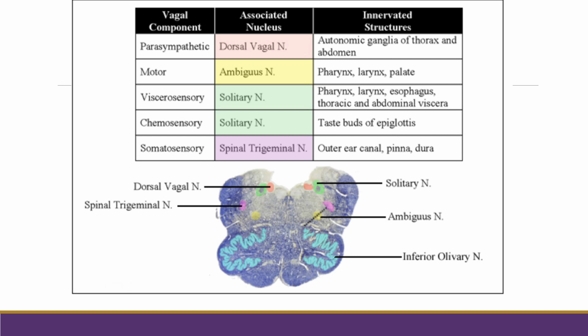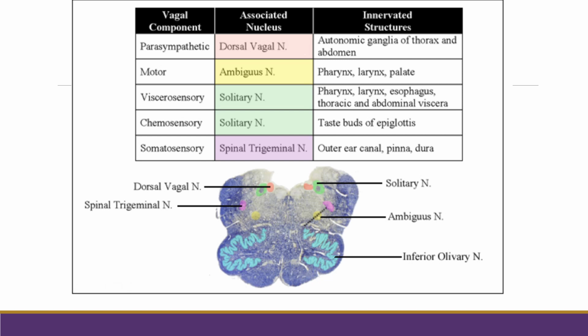And so we're looking at the solitary nucleus, and that's going to be pharynx, larynx, and esophagus, thoracic and abdominal viscera. Chemosensory is also solitary nucleus, and it's taste buds of the epiglottis. So chemical reception is how we get the concept of taste. So chemoreceptors, taste.